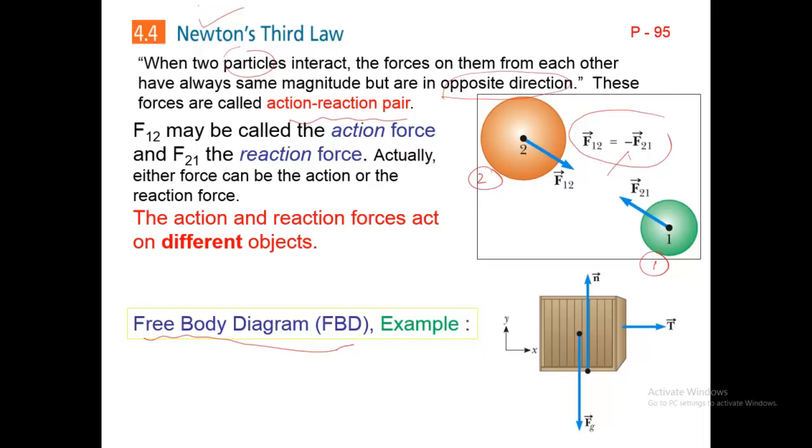For example, you have one carton. Its weight W, which is equal to the gravitational force mg, acts vertically down along the negative y-axis, and the reaction force of the earth acts in the opposite direction with the same magnitude. This is called the normal reaction. For example, you connect it with a rope or a piece of wire and apply some force.